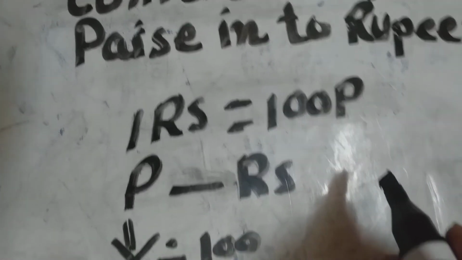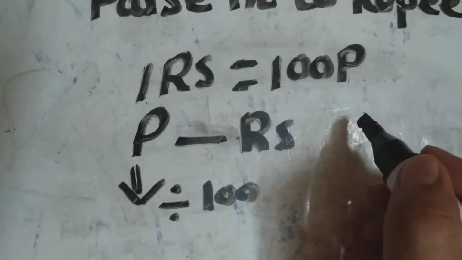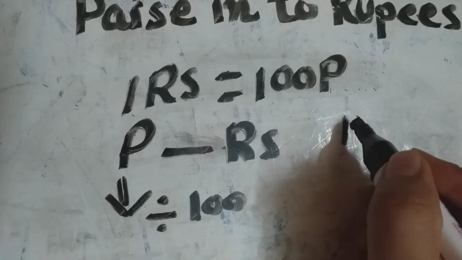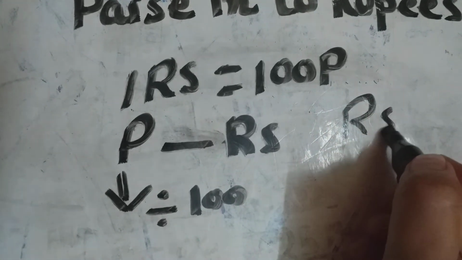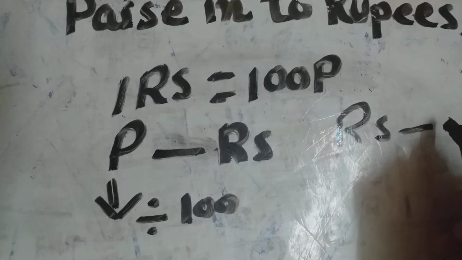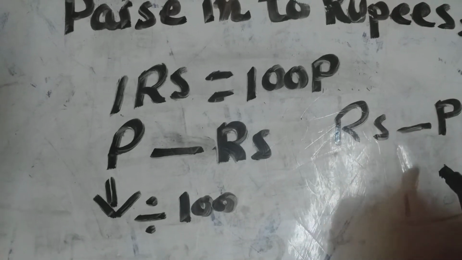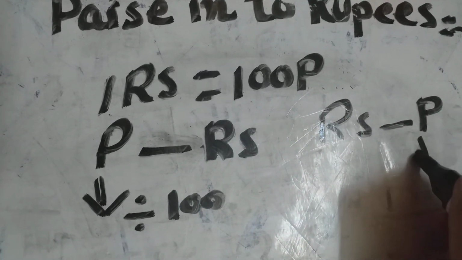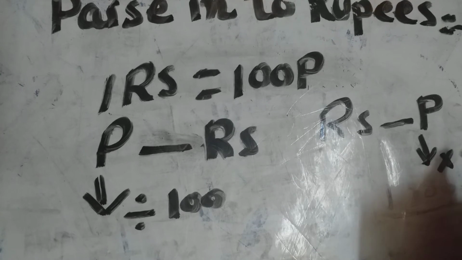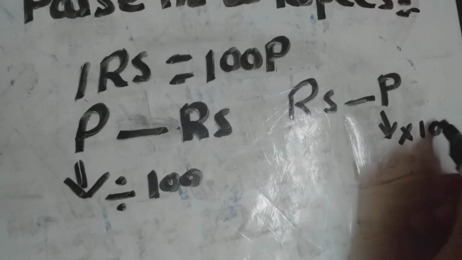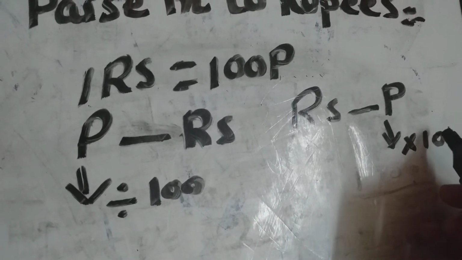While girls, if we want to convert the rupees into paisa, then we must multiply by 100. We must multiply with 100.